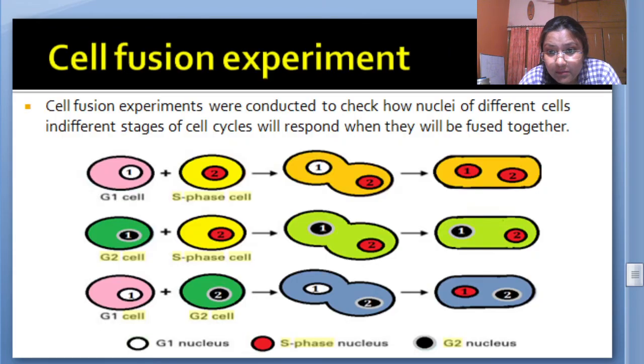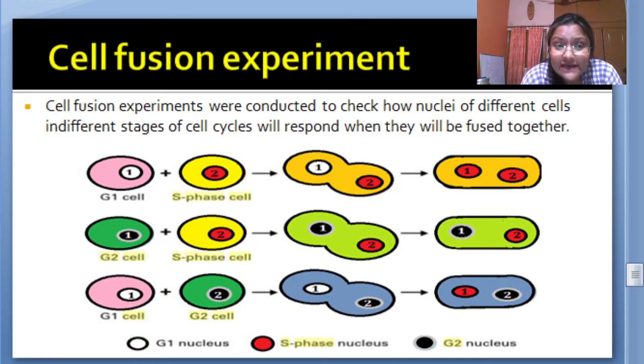Now, a very important topic, and the last topic of today's slide: the cell fusion experiment. This is a very important topic, so kindly focus on this, because the previously explained things are quite normal and we all know about them. They are very basic facts.